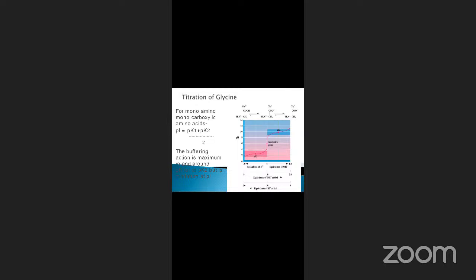So how we calculate this isoelectric pH or isoelectric point means we have to use this formula: pK1 plus pK2 by 2. pK1 is where it is forming from cationic form to neutral. Then pK2 is from neutral to anionic form. By calculating this, we'll get the isoelectric point.